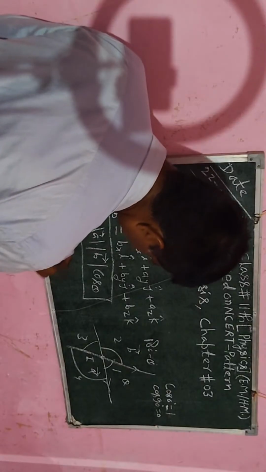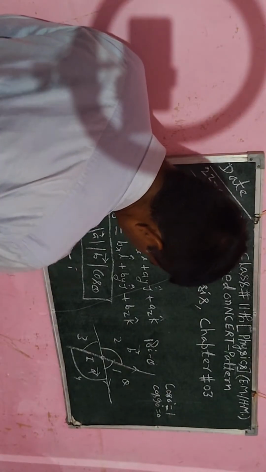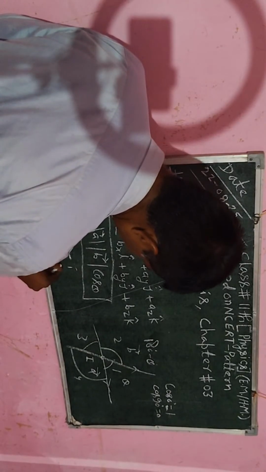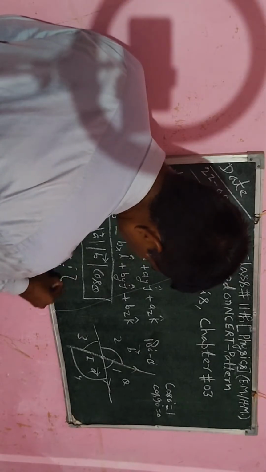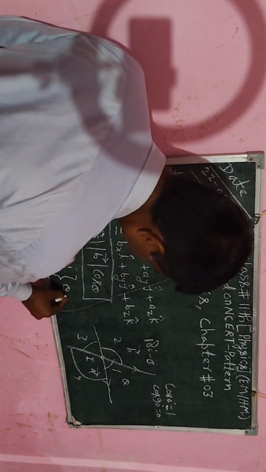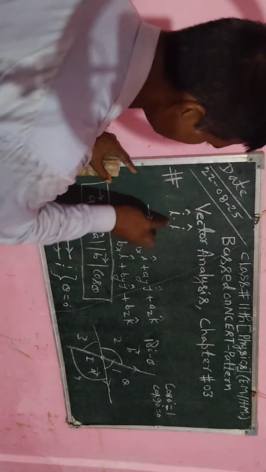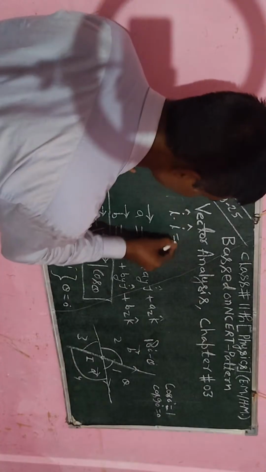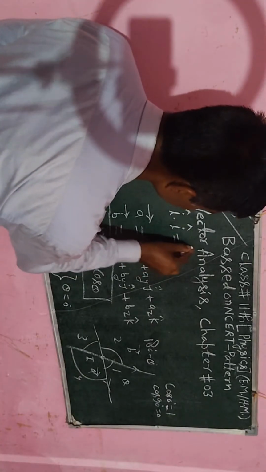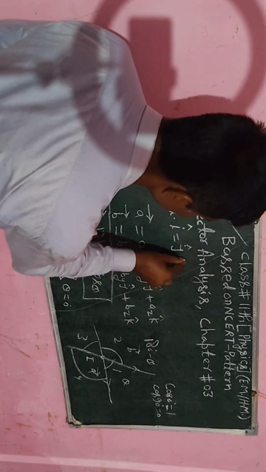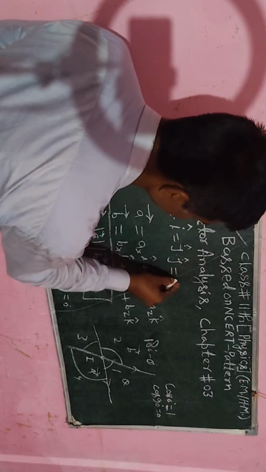Vector i is along this and vector i is also along this. So in this case theta will be 0 degree, and the value of cos theta will be 1. Similarly, vector j cap into vector j cap, its value will be 1.